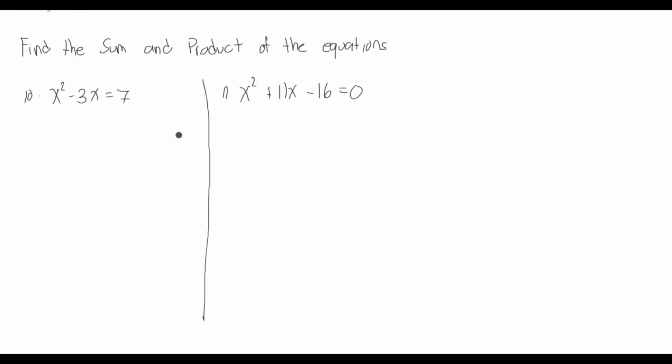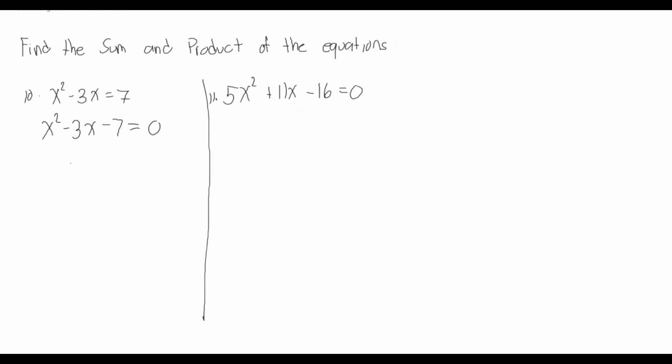Next, find the sum and product of the equation x squared minus 3x is equal to 7. The first thing we need to do is to make this equation in standard form. Paano natin gagawin yon? We have to transpose 7 dun sa kabila para 0 lang yung matira sa kabila. So you have now x squared minus 3x minus 7 is equal now to 0.